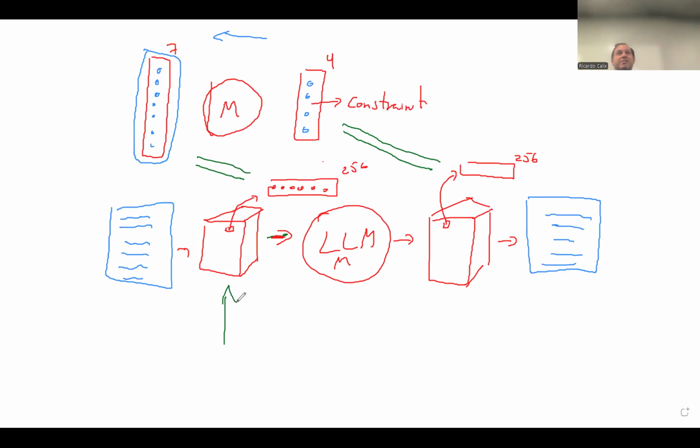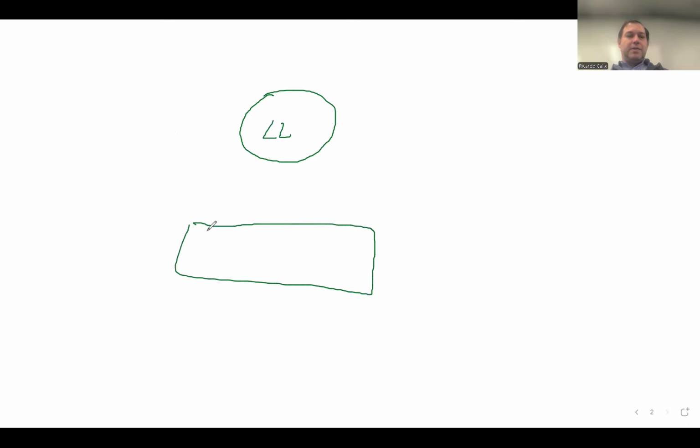The other example is even more interesting, but someone has already attempted this as well. I'll describe it in a second in the text, but if this is the LLM, and actually I'm going to draw the LLM like this, it's got, as you guys know, blocks.